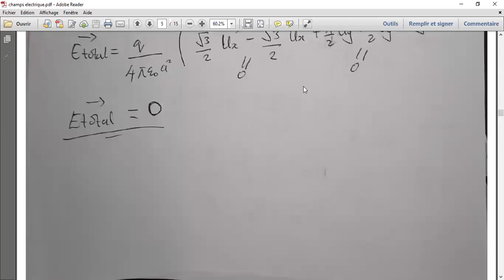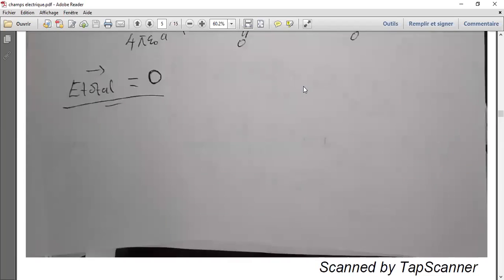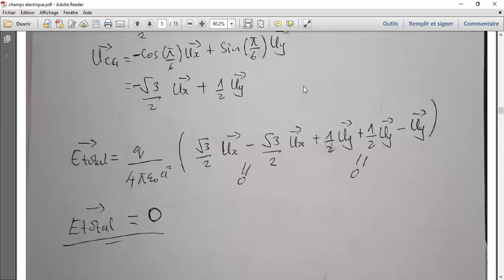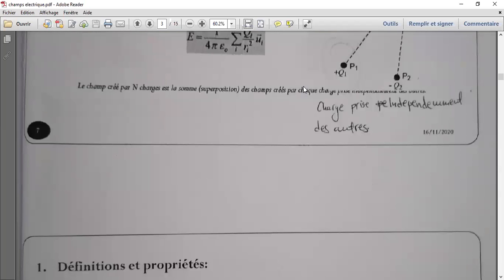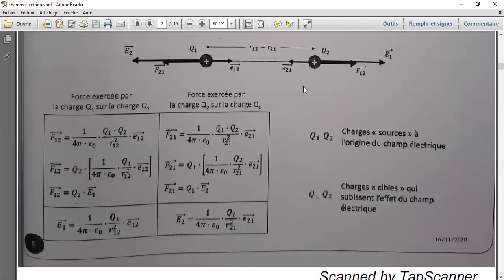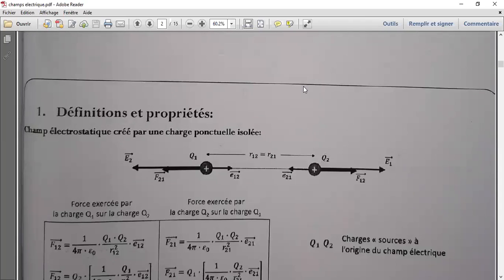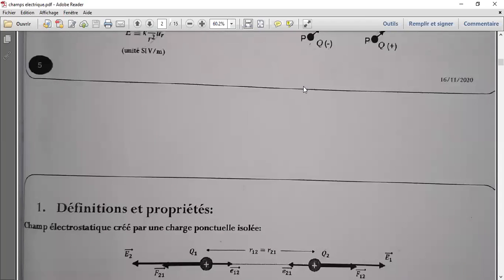So we're going to continue from where we left off. Last time we just did the champ, how to calculate the champ, and we said that you have to know the source. Basically, you calculate the force which the source exerts on another particle.